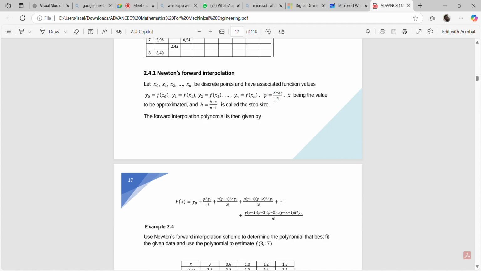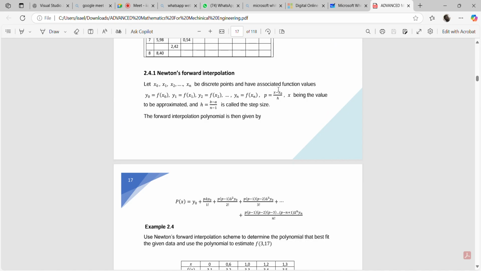P is x minus x0 over h, and you need the h, which is b minus a over n minus 1. Now, I'm explaining this example, please pay attention. It's only two formulas that you need to know, only these formulas and what follows here. And you will see this thing is a game. Once you do one or two, it gets easier.